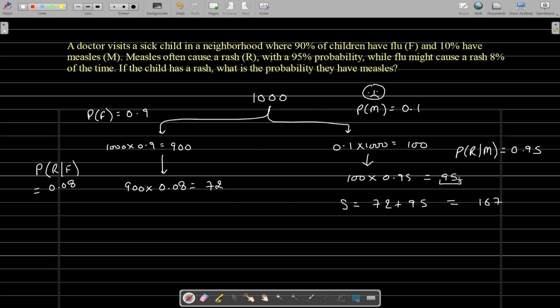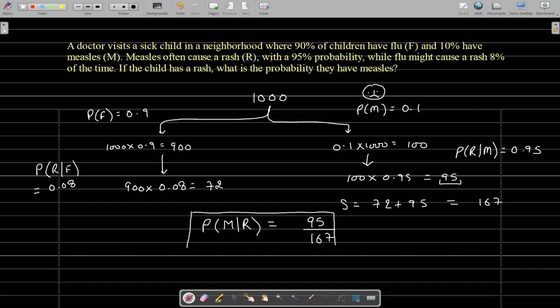The favorable outcome is this 95. So the probability that the kid has measles given they have a rash is equal to 95 divided by 167, and this is the answer.